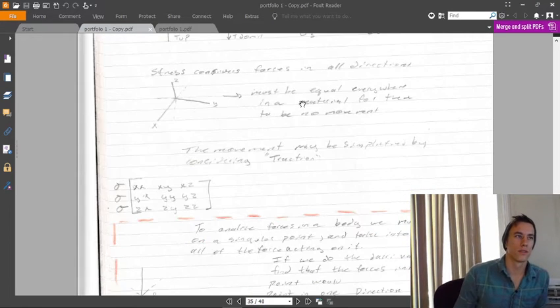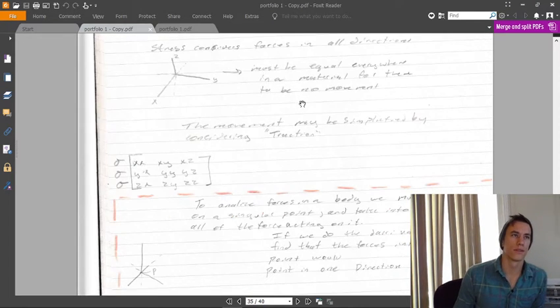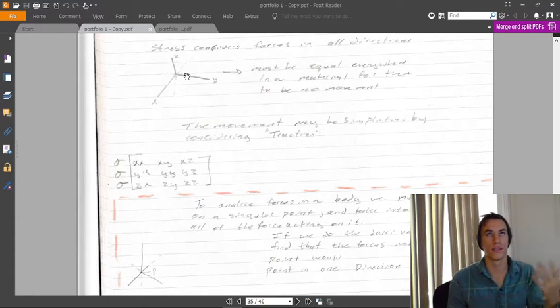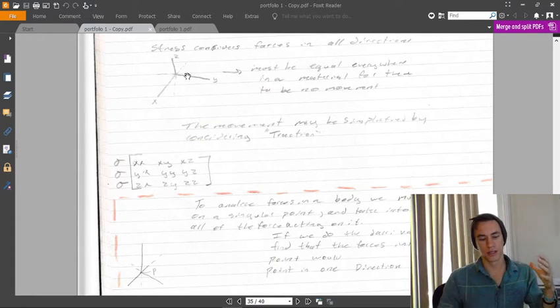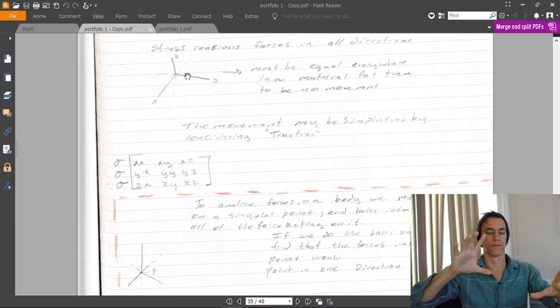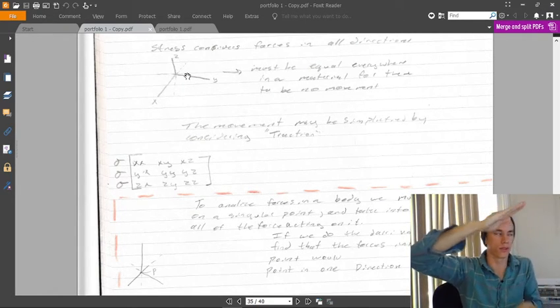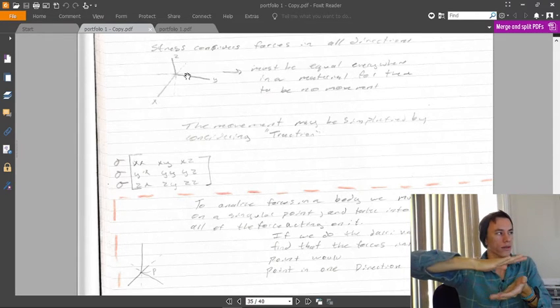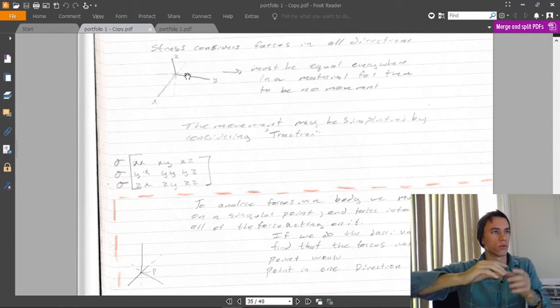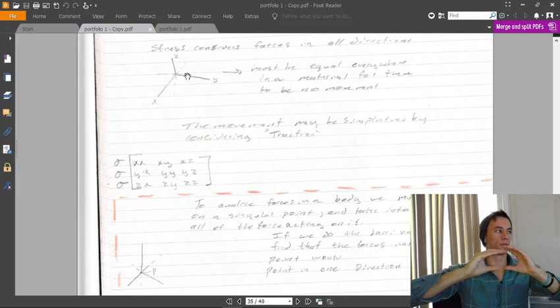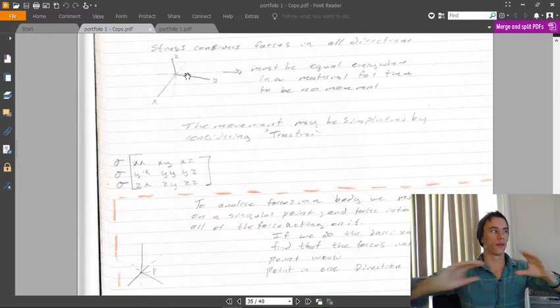Stress considers forces in all directions. When you're considering stress in a body at depth, you have to think about it in three dimensions. It's not just that it's pushing down, so it's going to squish down. When it squishes down, it squishes out, not just towards and away from you, but to the left and the right and at angles.